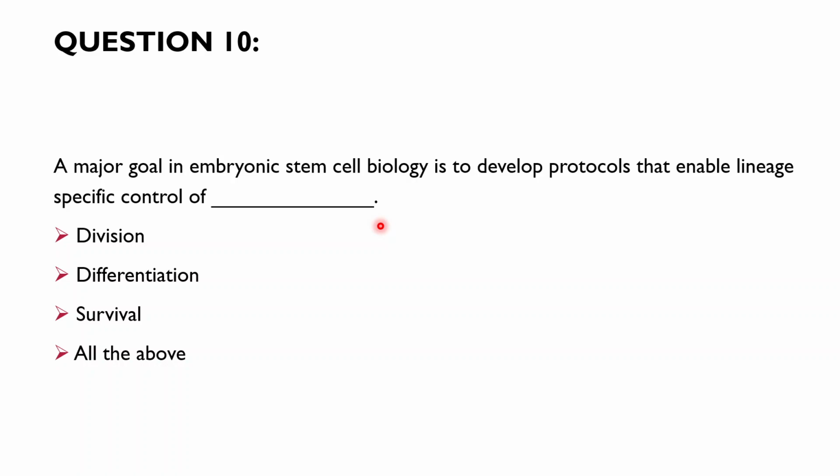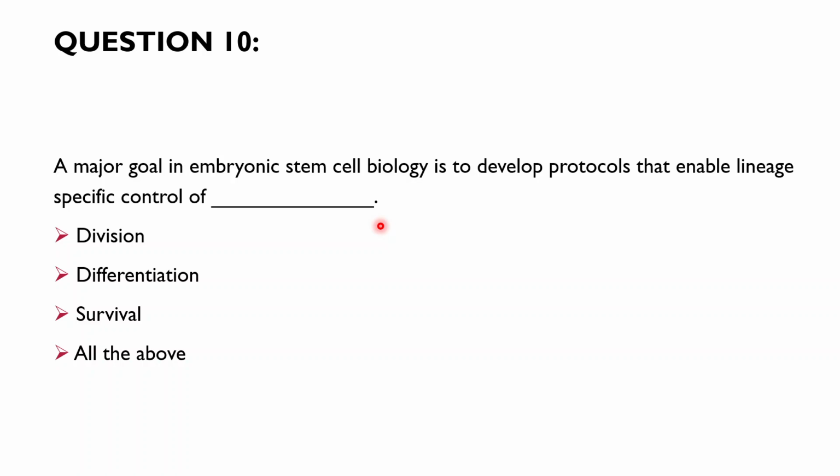The embryonic stem cells are also the pluripotent stem cells, because they are capable of giving rise to any kind of cell in our body except the extra embryonic tissue. And the outer cell mass will give rise to the trophoblast and the extra embryonic tissue.